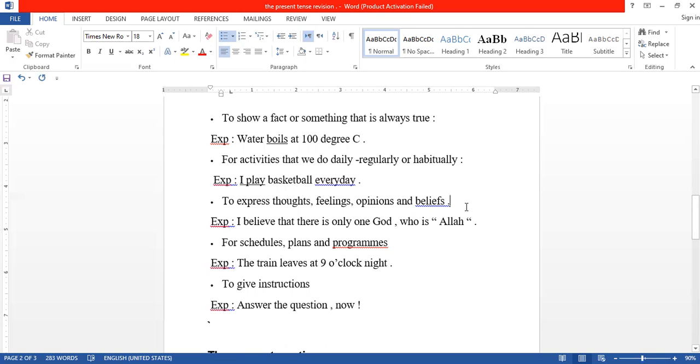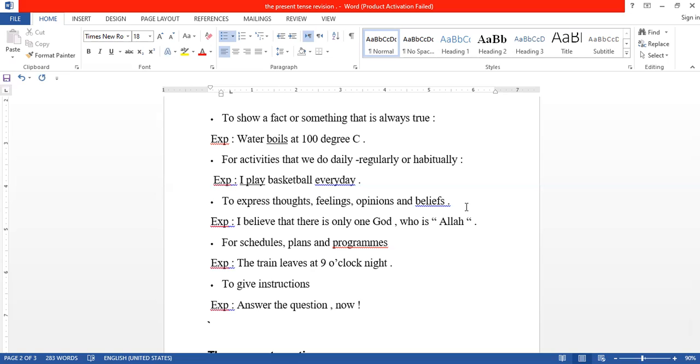To express thoughts, feelings, opinions, and beliefs. Example, I believe that there is only one God, who is Allah. Very good. Again, we can use the simple present to express beliefs, opinions, feelings. This example is very clear and quite easy.